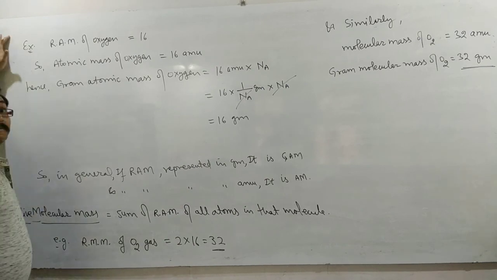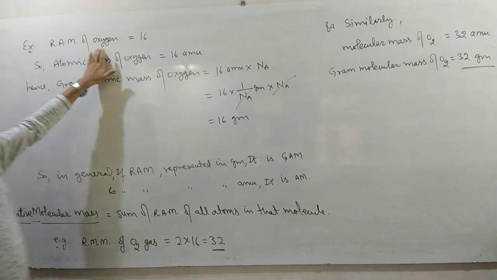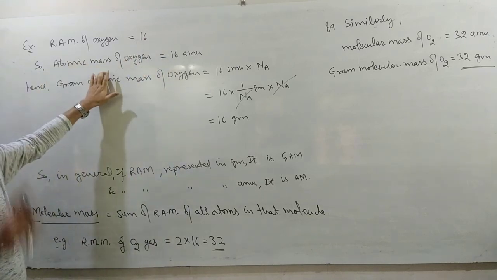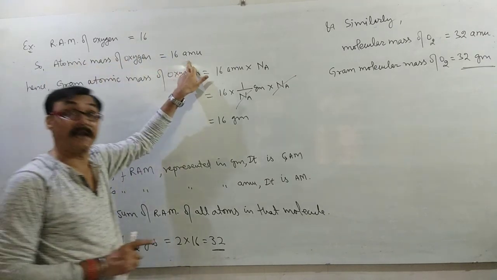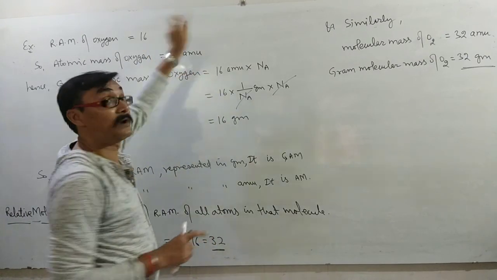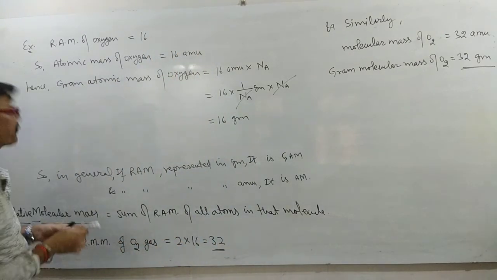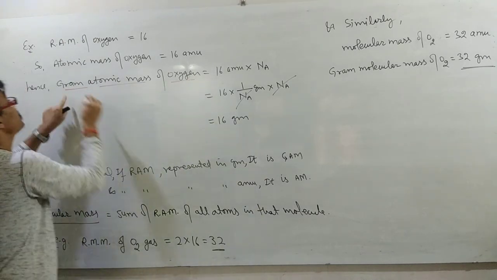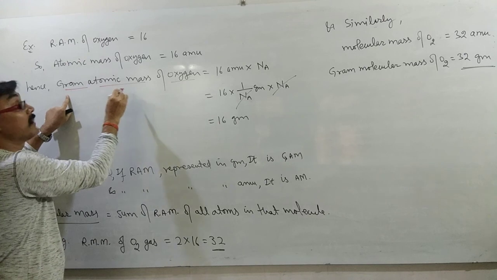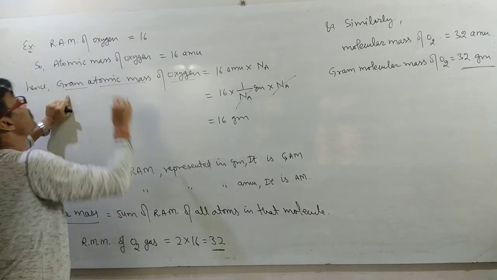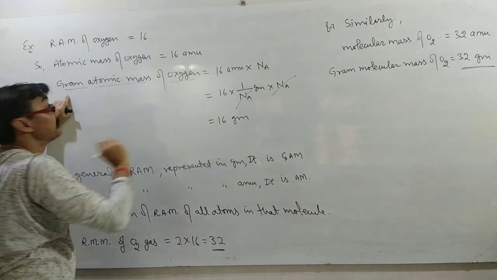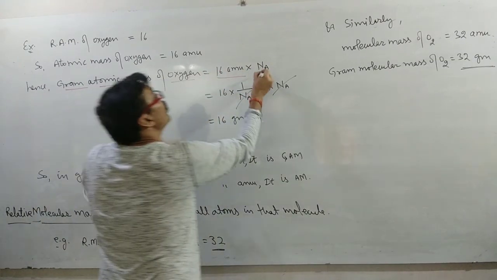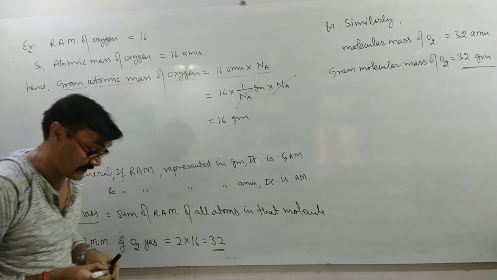For example, relative atomic mass of oxygen is 16. So, atomic mass, that is mass of 1 atom of oxygen, will be 16 AMU. We have studied 16 into 1 AMU, that is 16 AMU. Gram atomic mass of oxygen means mass of 1 mole oxygen atoms. Here the particle is atom because atomic mass. So 16 AMU, that is mass of 1 atom into 1 mole, Avogadro's constant.